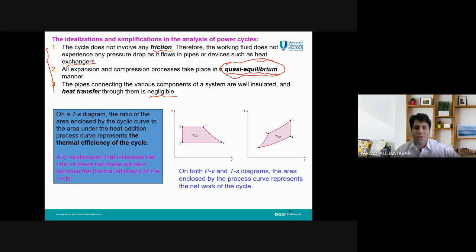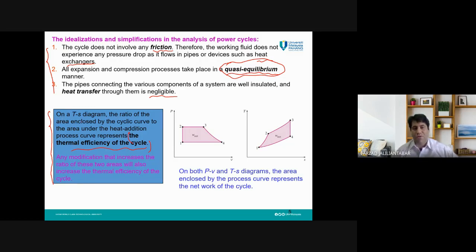And also we have some other efficiency which already some of them are told to you. On a TS diagram, the ratio of the area enclosed by the cyclic curve to the area under the heat addition process curve represents the thermal efficiency of the cycle. So on a TS diagram, how can we calculate the thermal efficiency of the cycle after these assumptions?